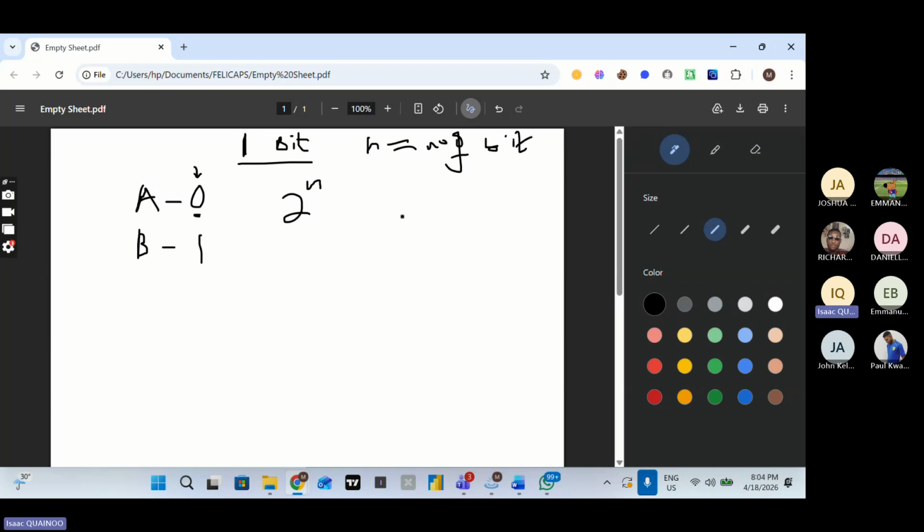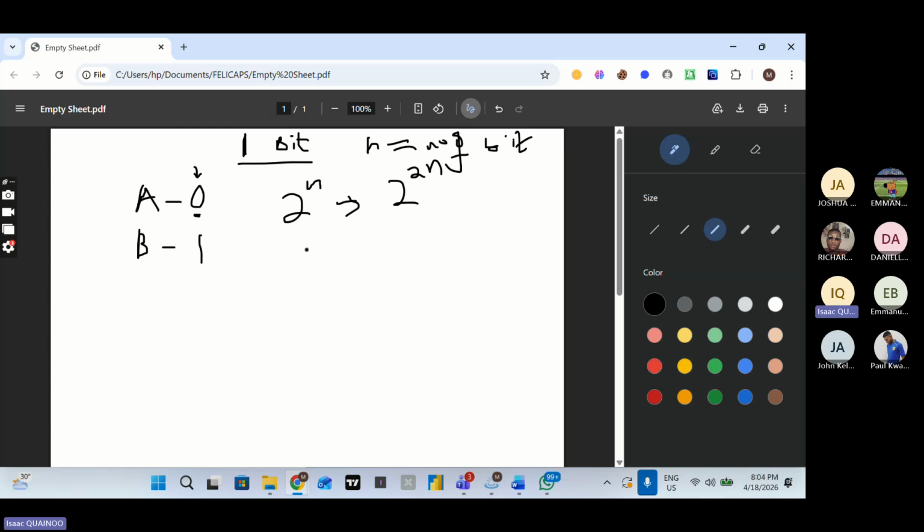So 2 raised to the power n will give you the number of inputs or number of variables involved. And then our second expression, 2 raised to the power 2n, tells us the number of rows that we are going to use in our truth tables.